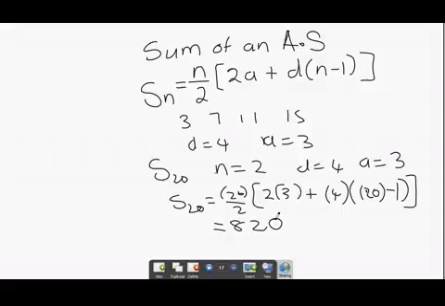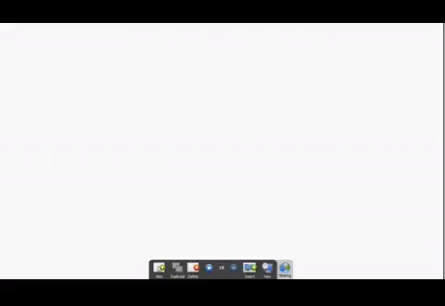So it's very simple, and we can try another one. Maybe we can use one with negatives, because negatives sometimes are a problem. Minus 1, minus 3, minus 5, minus 7. So here our d is equal to negative 2, our a is equal to negative 1.